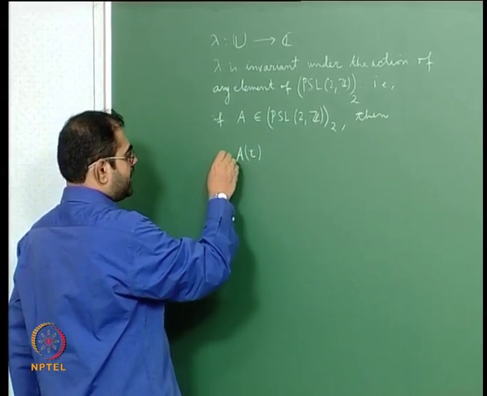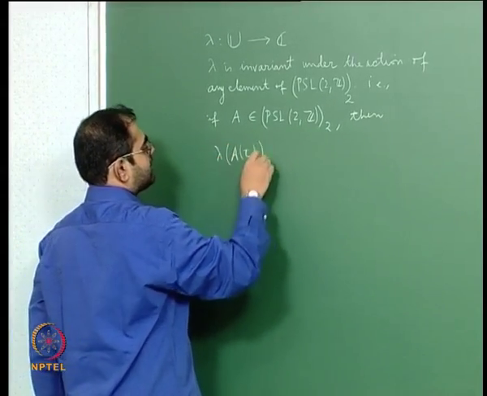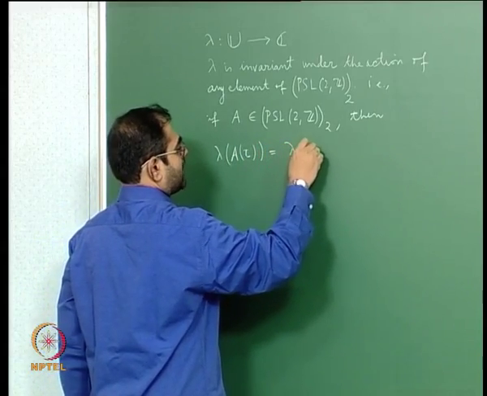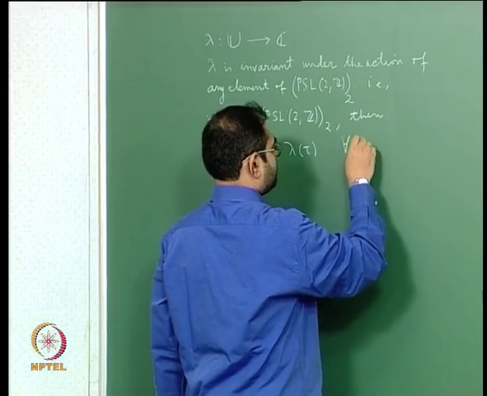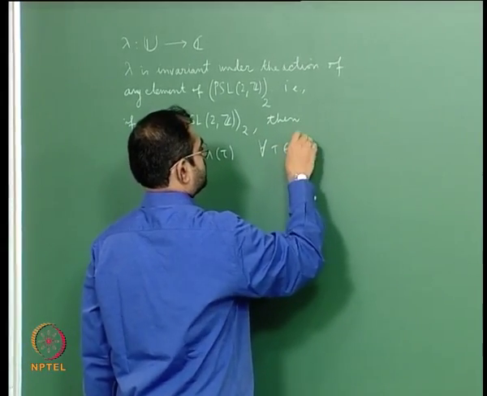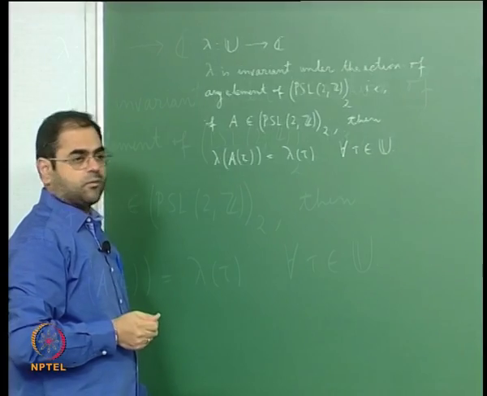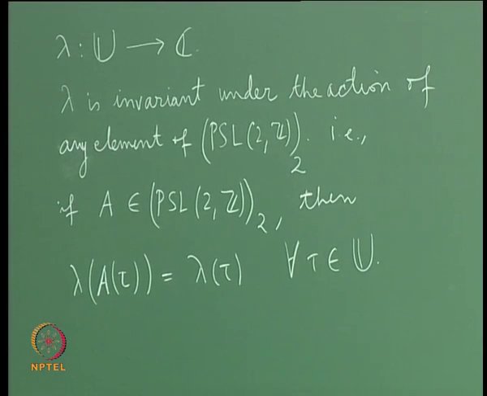Then if I apply lambda to this, I will simply get back lambda evaluated at tau. So this is the invariance property.